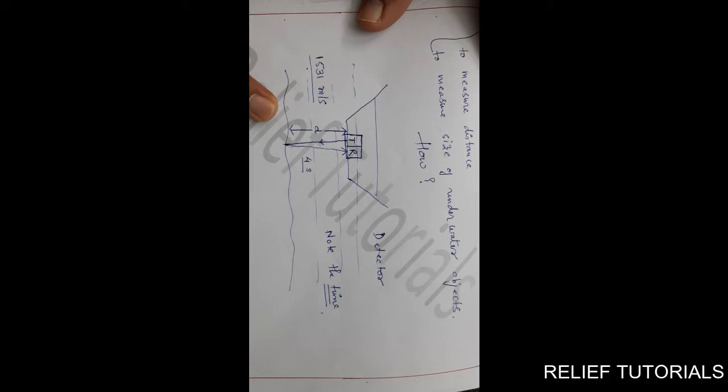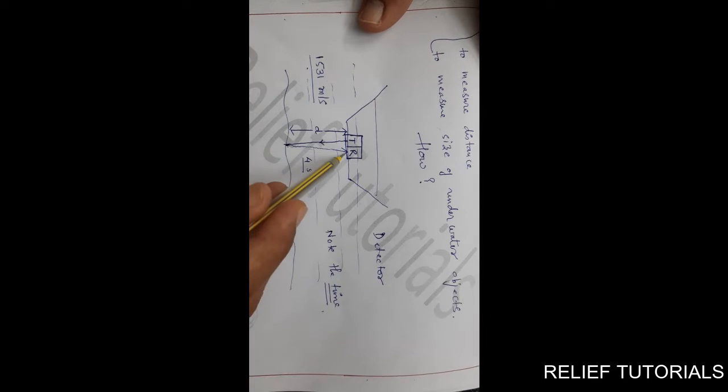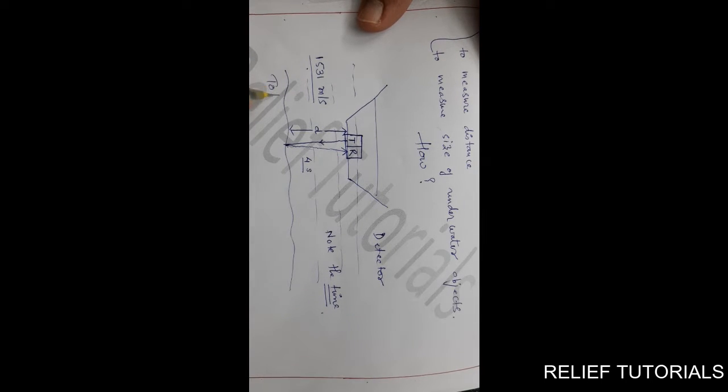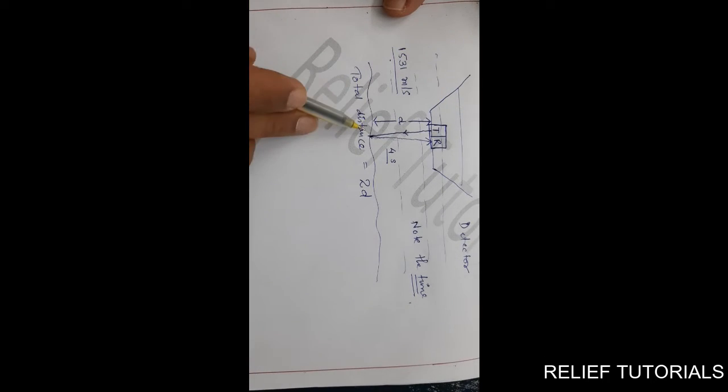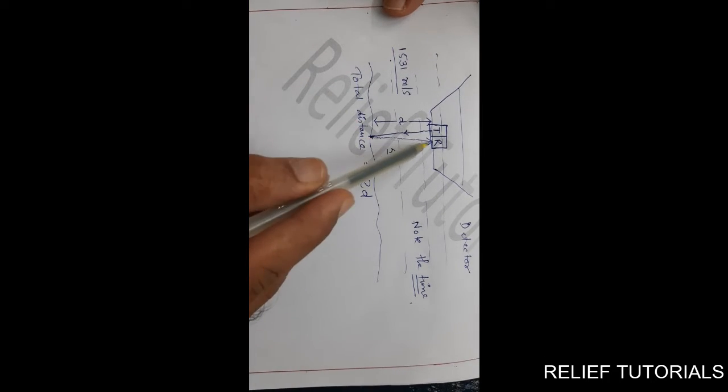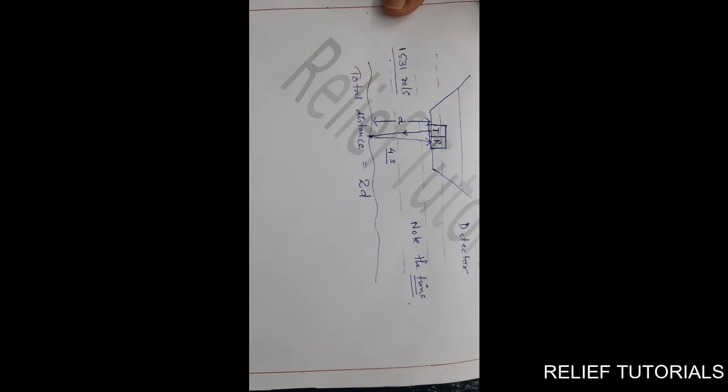The total distance traveled by the sound wave is d distance to go downwards and d distance to go upwards. So can I say the total distance traveled is 2 times d? Because d distance to go downwards to the bottom and d distance to reach again to the receiver. So total distance traveled is 2d.